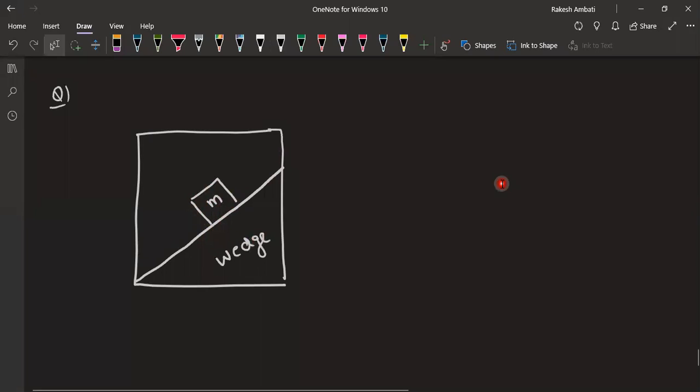Let this angle be theta. First of all, I'm taking the lift moving rightwards with acceleration a. It is a smooth surface, so the block slides down.